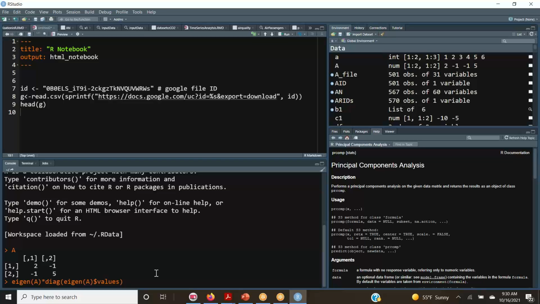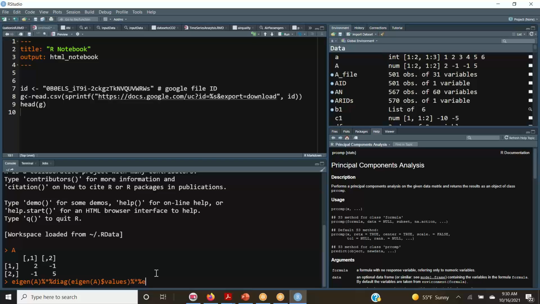Matrix multiplication has a different notation. Nini, you recall? Yes, sir. In R, it is percent star percent. Otherwise it's not a matrix operation.